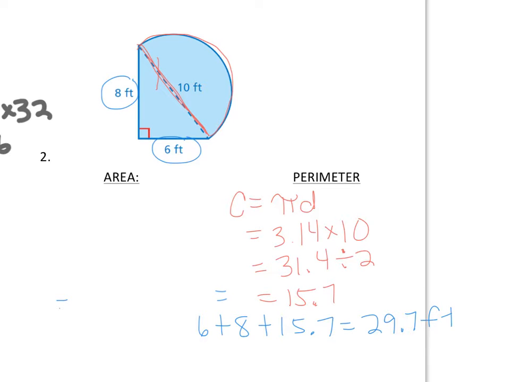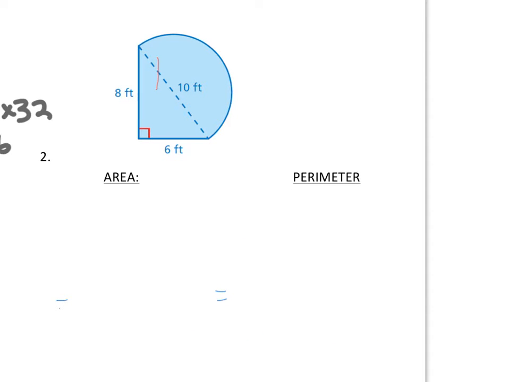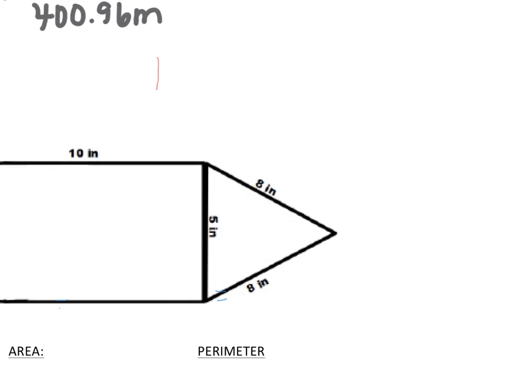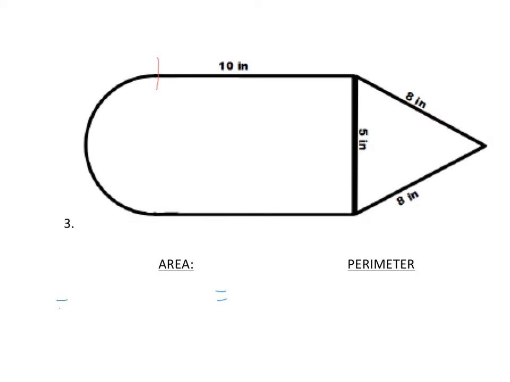Okay, now we're going to go down and do the last one here. Now this one, we've got several things going on. We have a semicircle, we have a rectangle, and we have a triangle. So I'm going to go ahead and draw in that semicircle so I can see that I need 3 pieces of information.